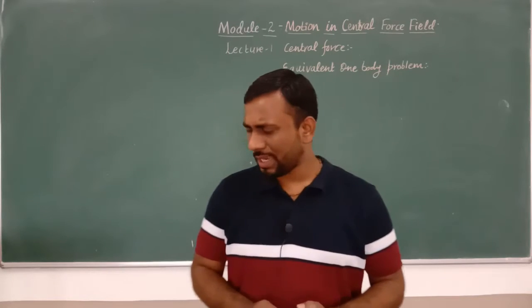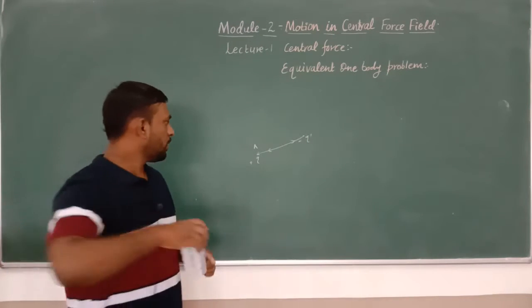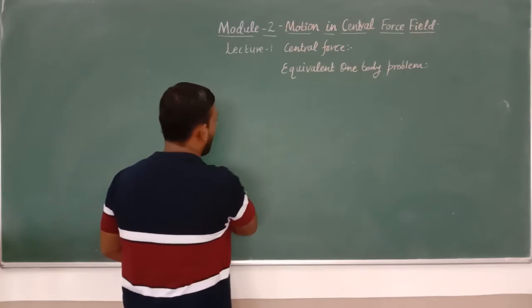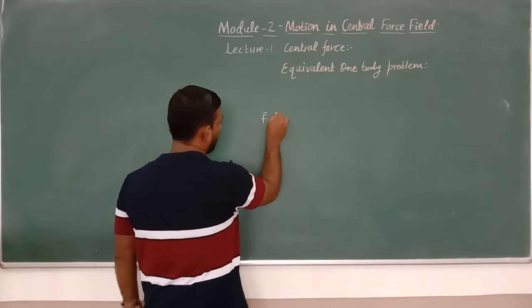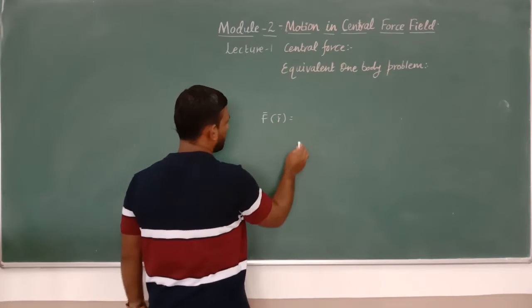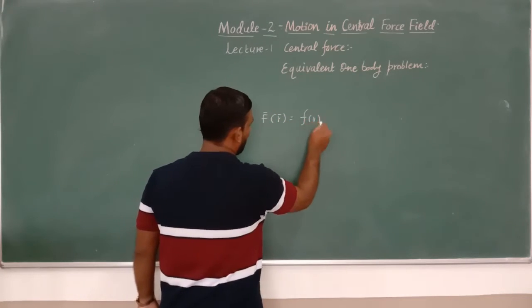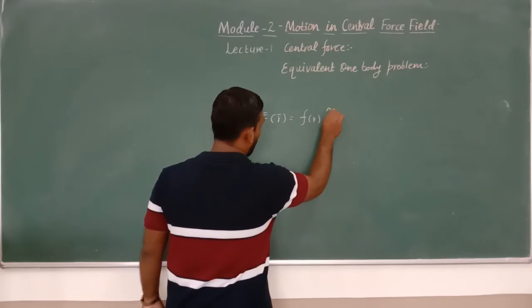So how do we write the central force field? The central force field can be written as F bar, since this is a force, it is represented as F of R times n cap.